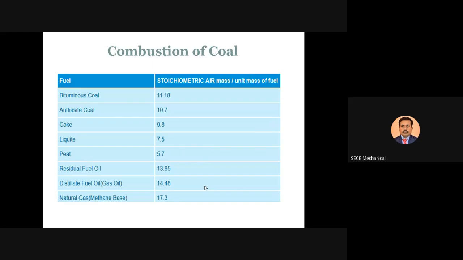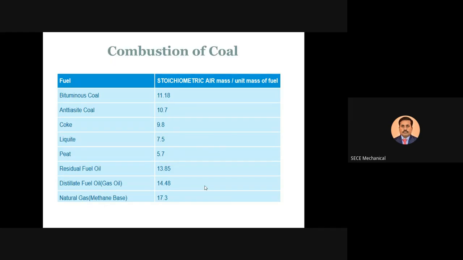Coke, the initial state, is 9.8, then liquid 7.8. These are all peat type of coal. Peat again 5.7. So based upon this, the stoichiometric air mass is required for complete combustion of a coal.